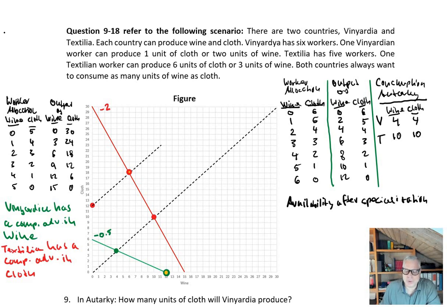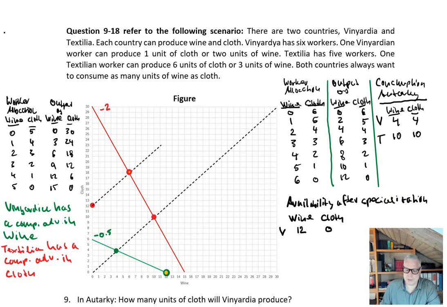Let's have again Vineyardia. How much wine do they produce? And how much cloth? They produce 12 units of wine and 0 units of cloth.